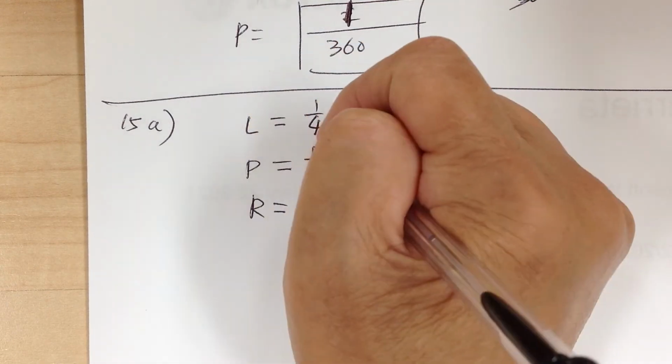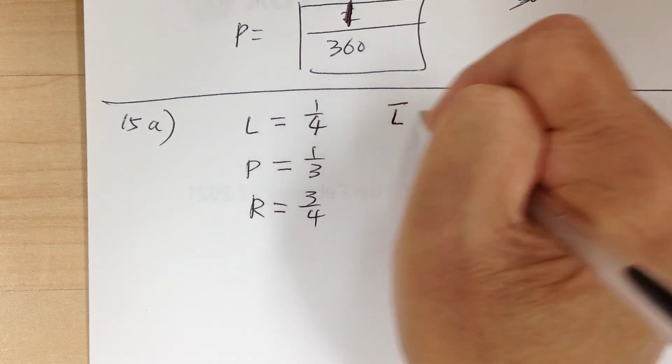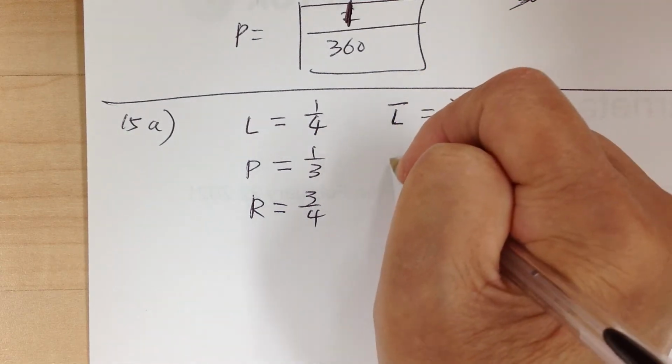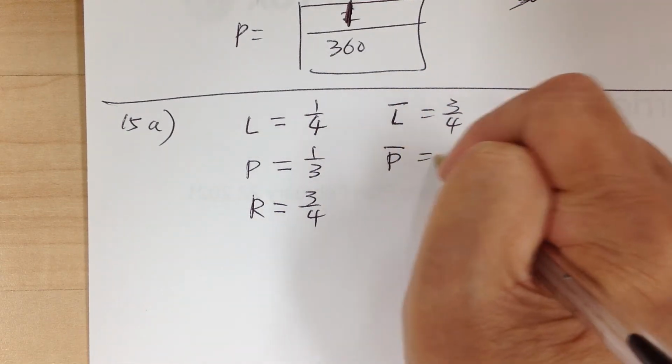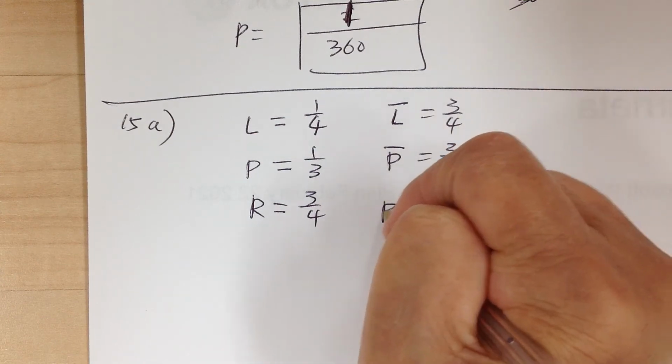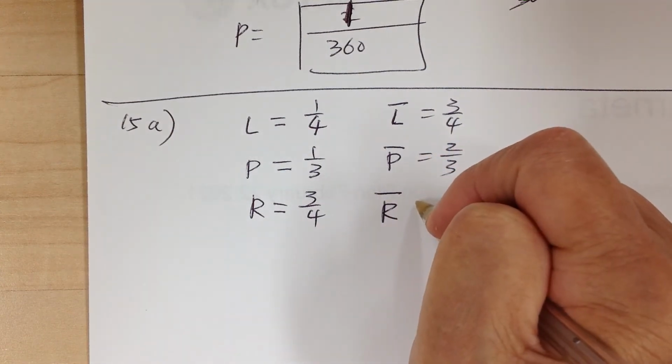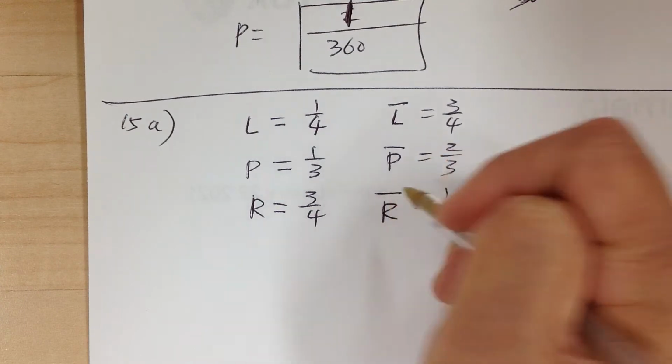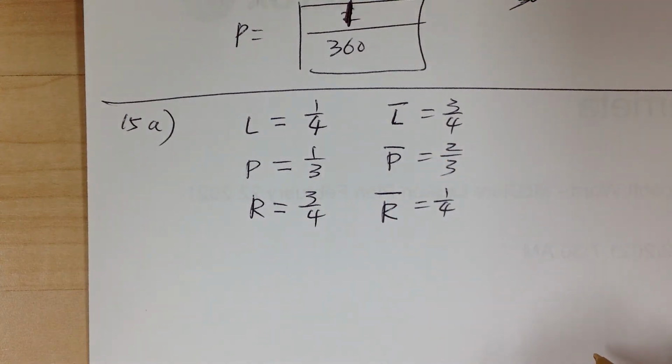So for Leon, not asking is 3/4. For Paula not to ask, it's 2/3. And for Ray not to ask Frank is 1/4. Okay, so now we're ready to do this.